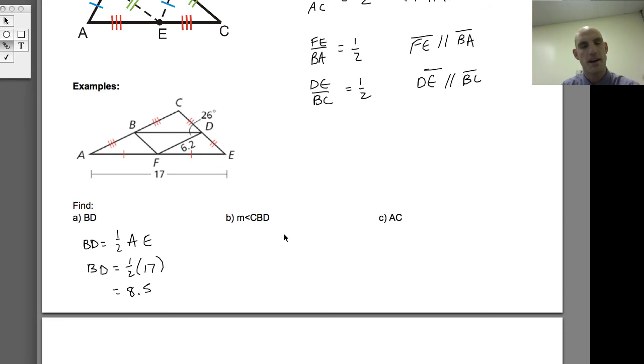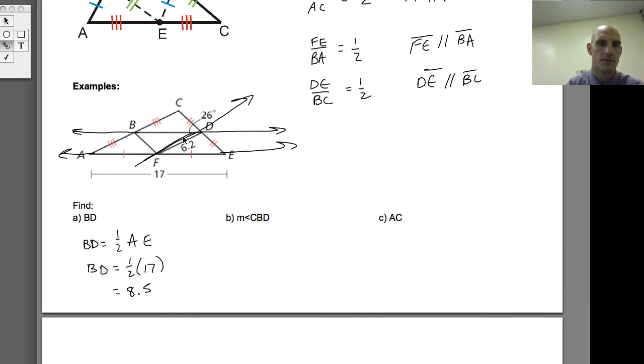When it comes to measurements of angles, it's a little bit trickier. It's going to combine some things that we've talked about with parallel lines. Remembering, of course, that these lines here are parallel, they are cut by these transversals.